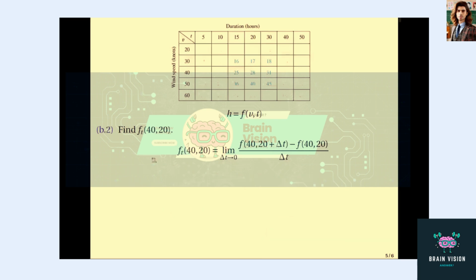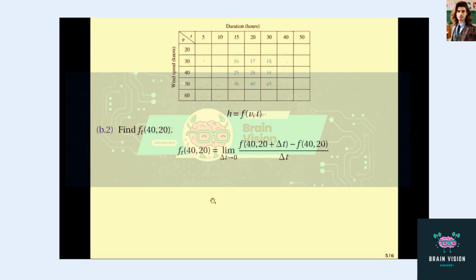For the other partial derivative, f sub t of 40, 20, we recall again the definition: the limit as delta t goes to 0 of f of 40, 20 plus delta t minus f of 40, 20 divided by delta t. Looking at the nearby numbers from 20, we have 15 and 30.